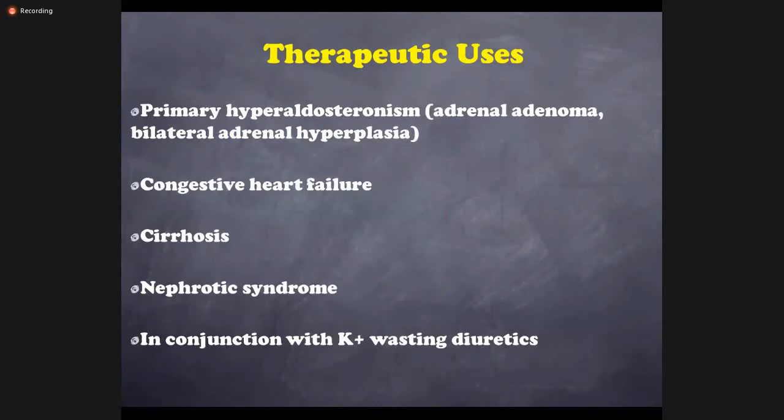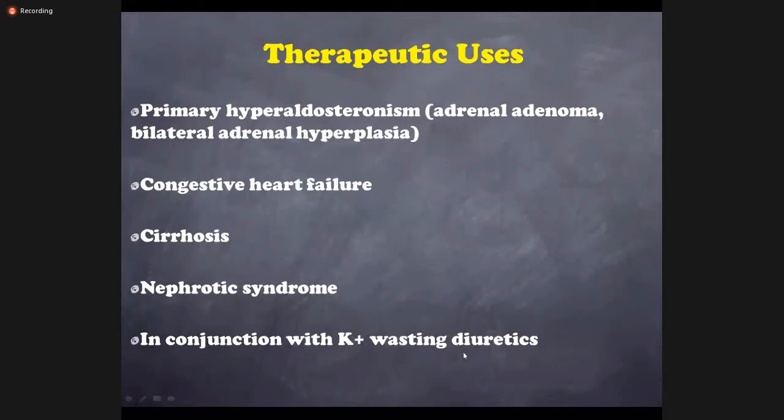Okay, what are the therapeutic uses? Primary hyperaldosteronism, like in adrenal adenoma, bilateral adrenal hyperplasia, and congestive heart failure. This we have already discussed. Cirrhosis of liver, in which edema is developed. Nephrotic syndrome, in this condition also edema is developed, in conjunction with a potassium wasting diuretic.